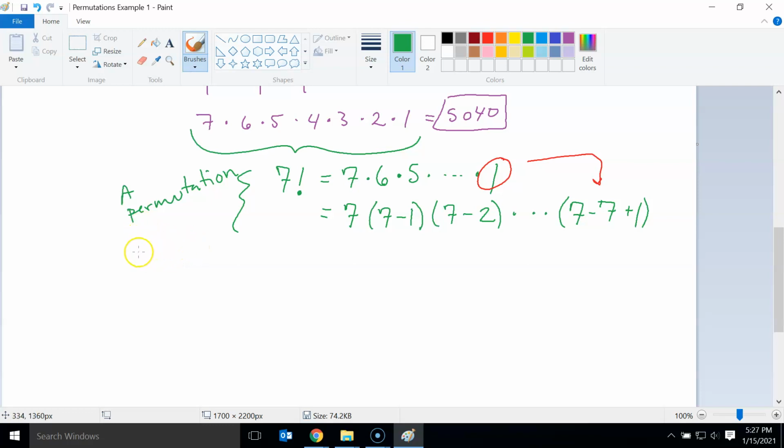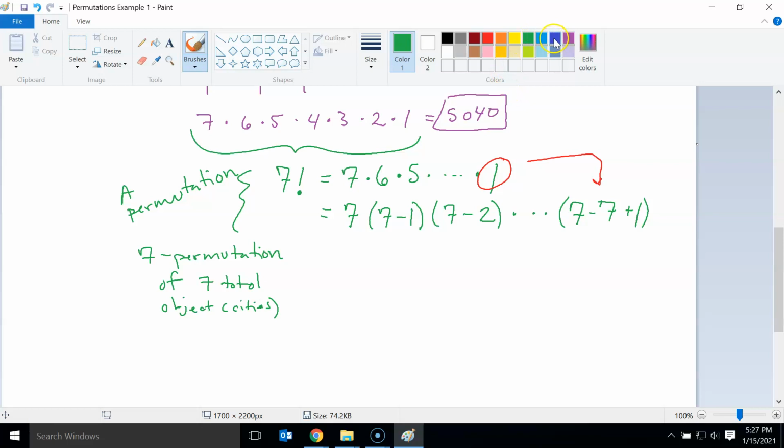We could think of this as a 7 permutation of 7 total objects. And again, in this case, our objects are cities.